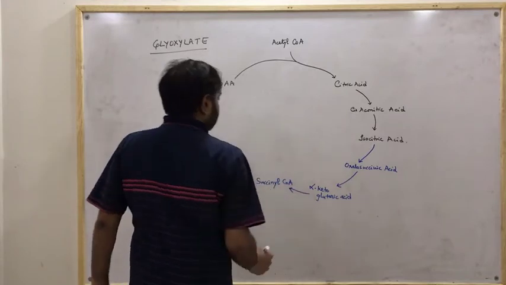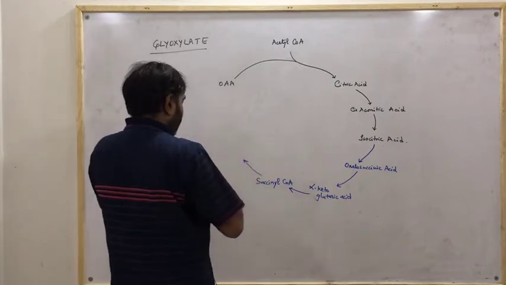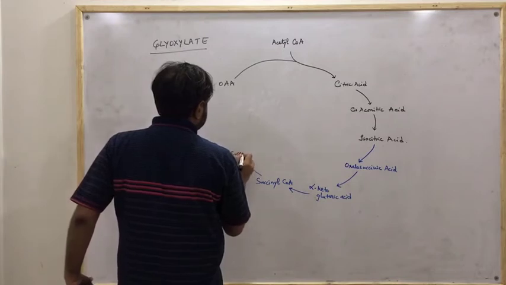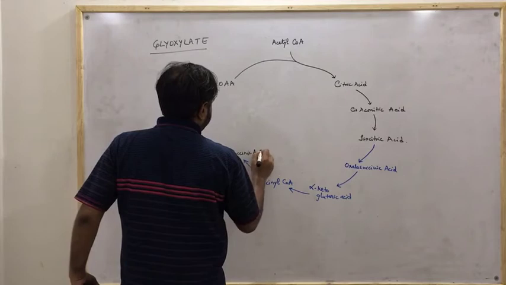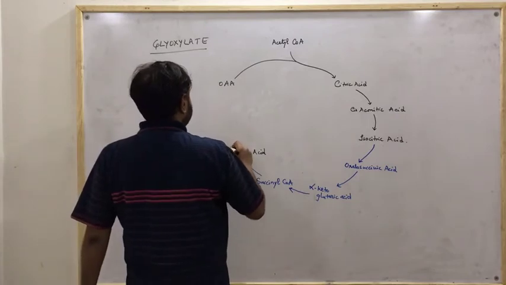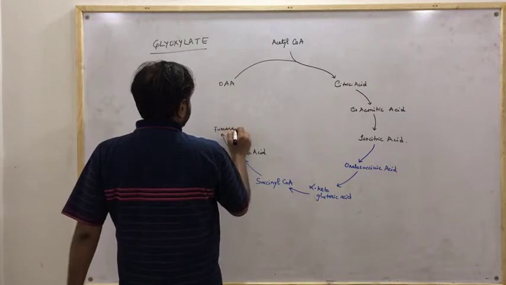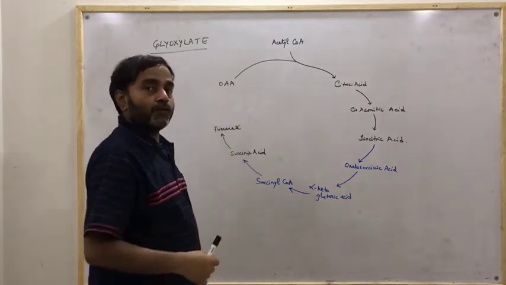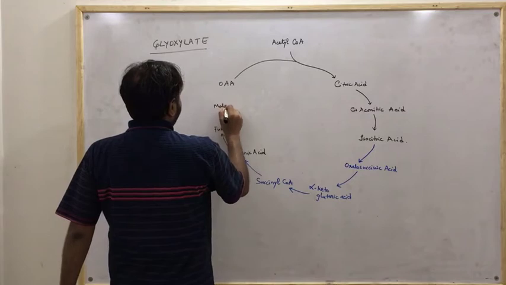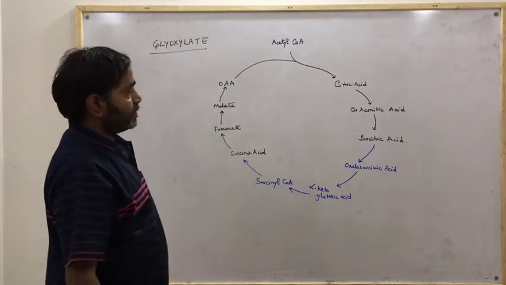I am showing those steps which occur in the Krebs cycle, and after that succinic acid or succinate will be formed, and after succinate, fumarate will be formed, or you may call it fumaric acid. Likewise malic acid or malate will be formed, and then oxaloacetic acid will be formed.